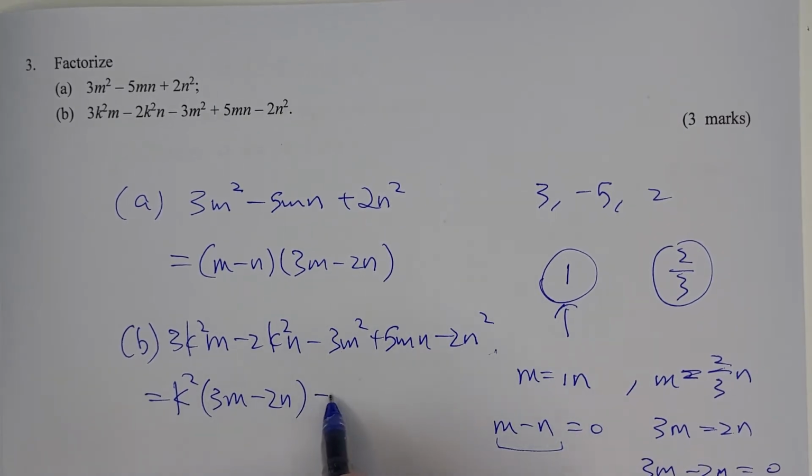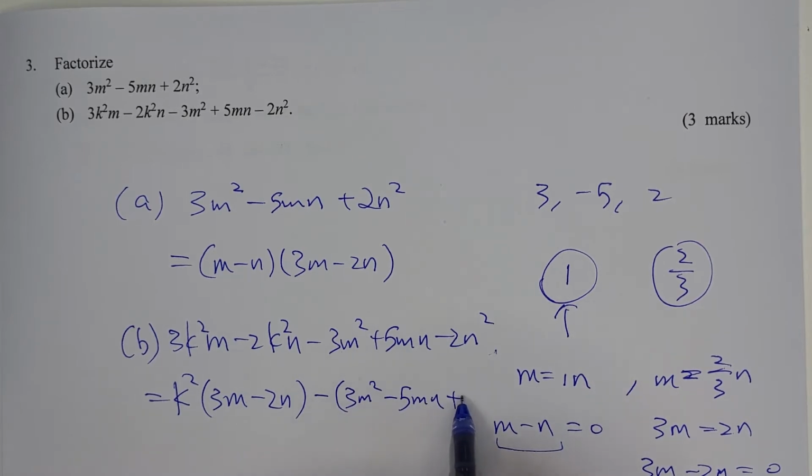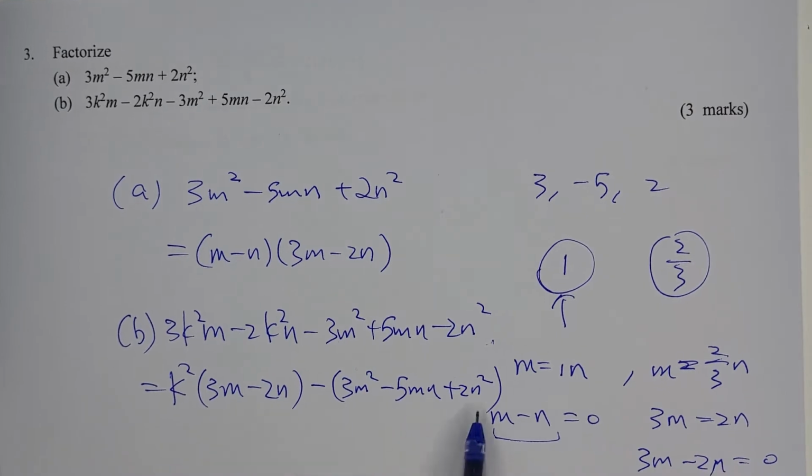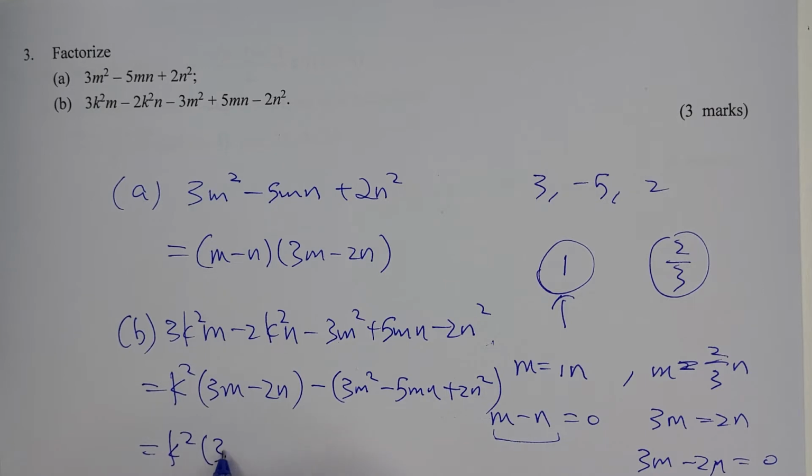So take out the negative sign, and that becomes 3m squared minus 5mn plus 2n squared. So you can, using the result of a, just copy the answer from a. So that is m minus n, 3m minus 2n.